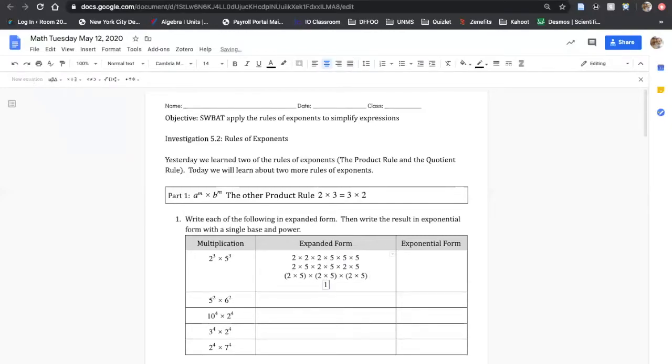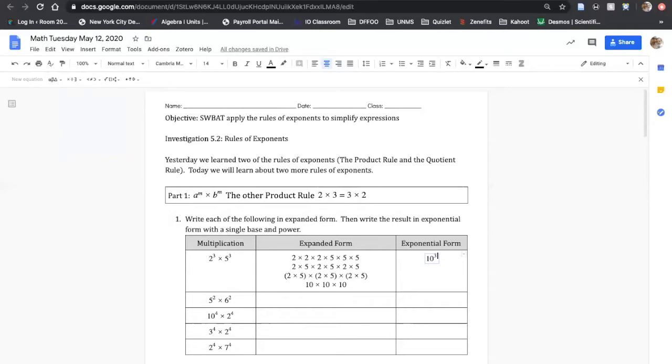So what that gives me is actually 10 times 10 times 10, right? So right now I have the same base being multiplied 3 times. So I can now say that that is actually just equal to 10 raised to the third power, all right?